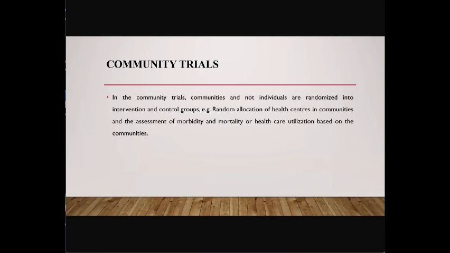Community trial is also simple. Here, I just use a small example. You can randomize communities, right, into two, and maybe allocate a health facility in one and no health facility in the other one.